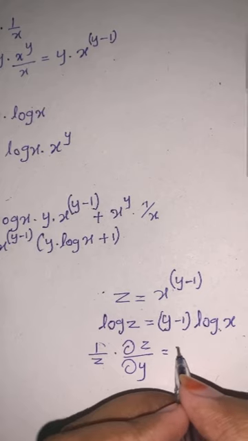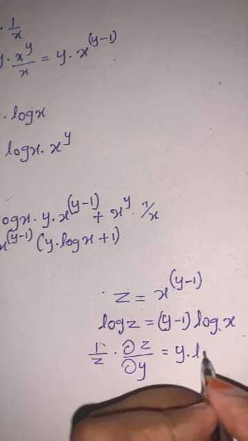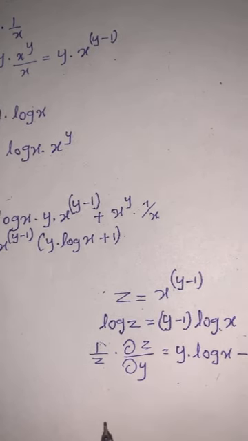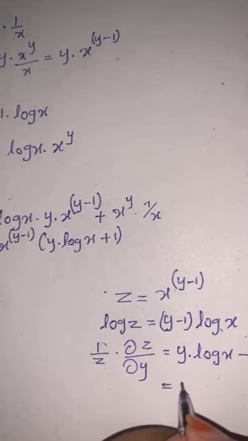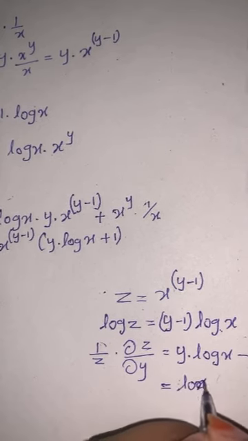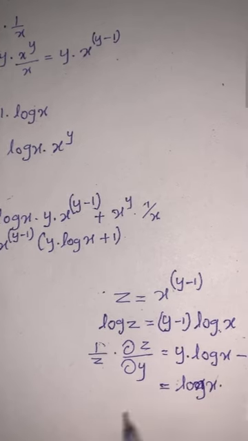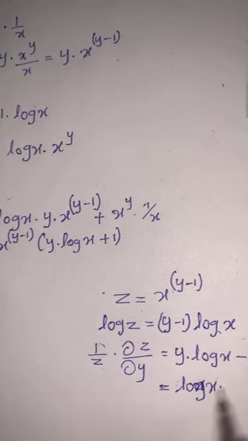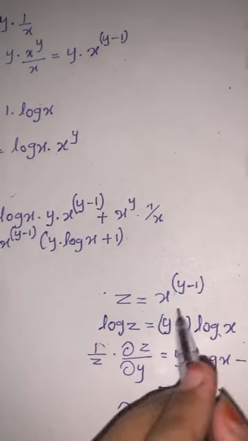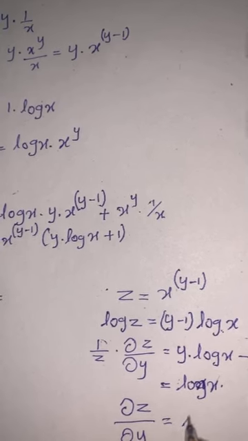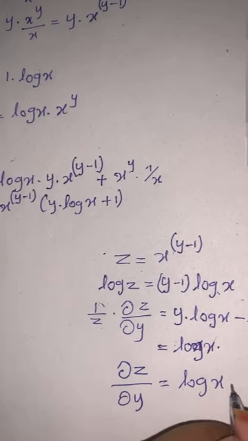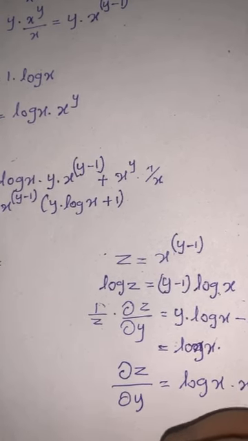So if we differentiate this, y into log x minus log x, what will be the answer? Log x minus 0, so 0 will be here. So the differentiation of this will be log x into x to the power y minus 1.